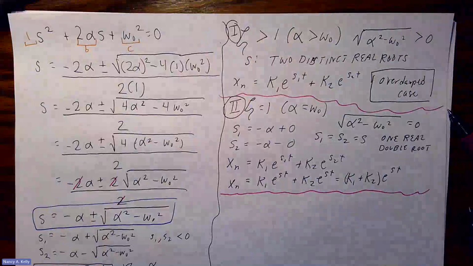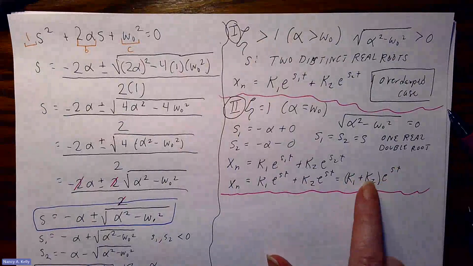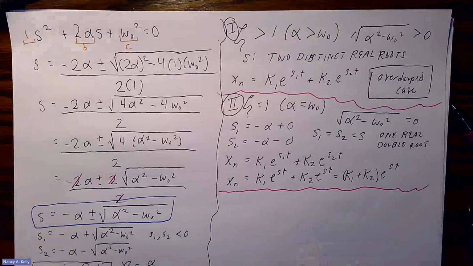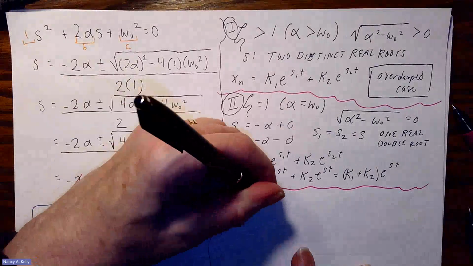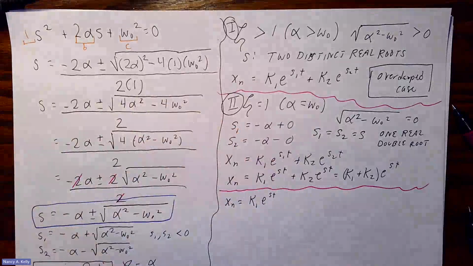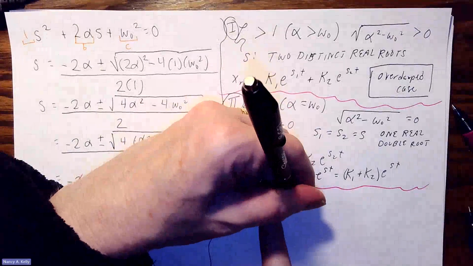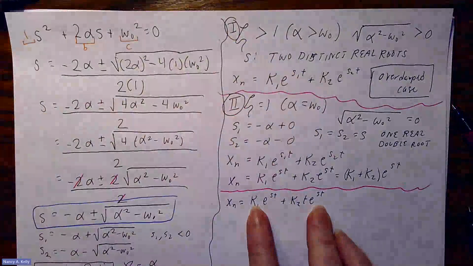So for this particular case, this isn't going to work. We need to have two roots to make it work properly and satisfy the equation. So we will use a different solution. We're going to say that x sub n is equal to K1 e to the st, but then we're going to include another term, K2 times t e to the st. So these are distinct.